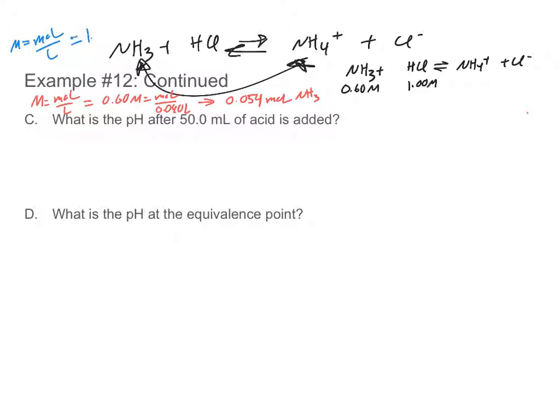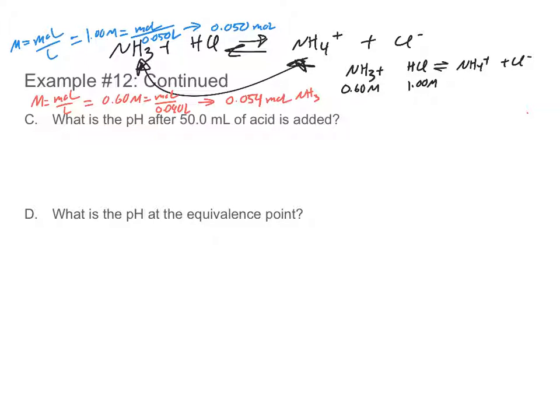So that was 1.00 molar is equal to moles over the 0.050 liters, which gets me to 0.050 moles of the HCl. So far, so good with that? Yes, no?